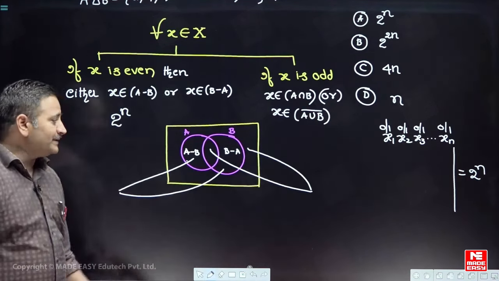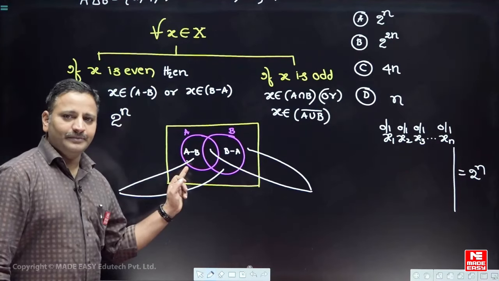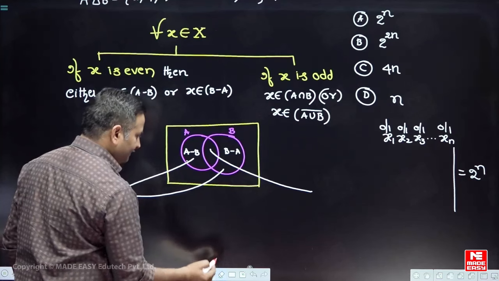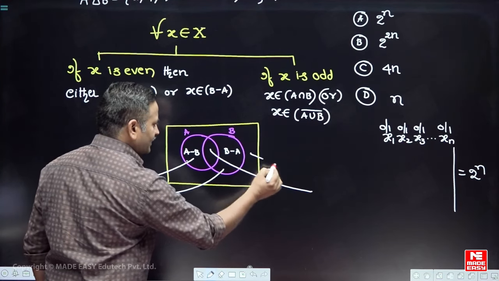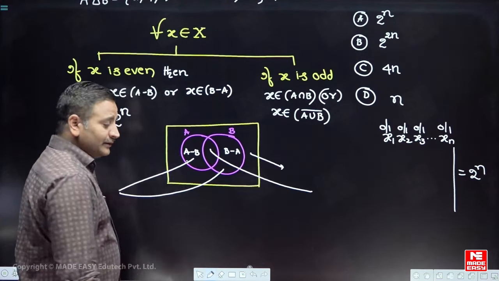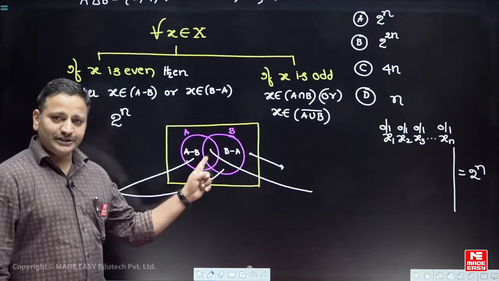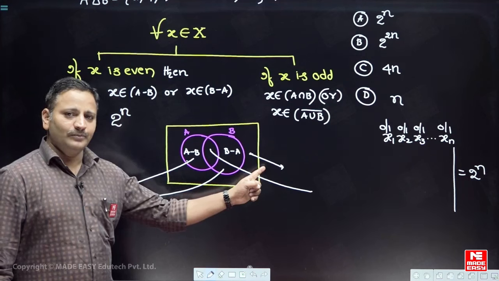A union B whole bar means it should be outside of A union B, friends. This region is called outside of A union B. Clear? So therefore, every odd number has two possibilities: A intersection B or (A union B) complement.